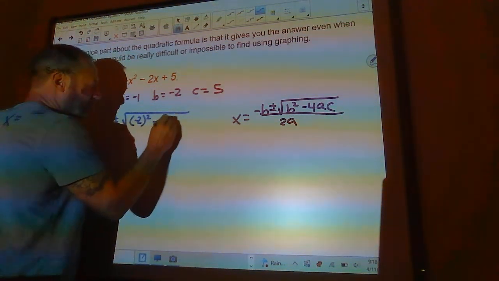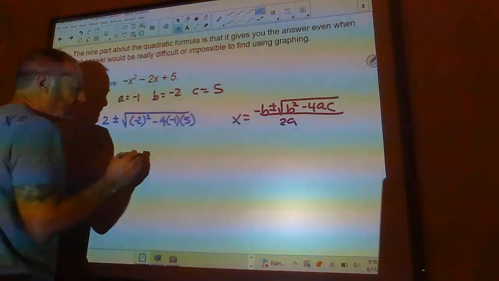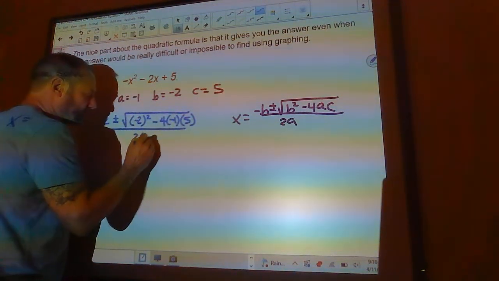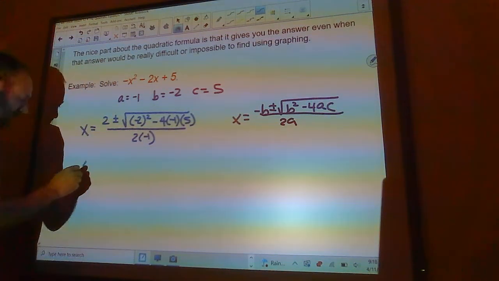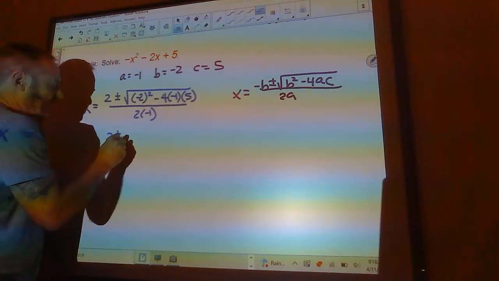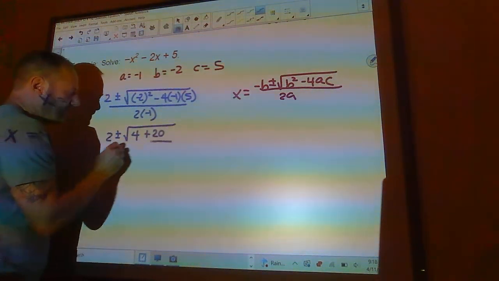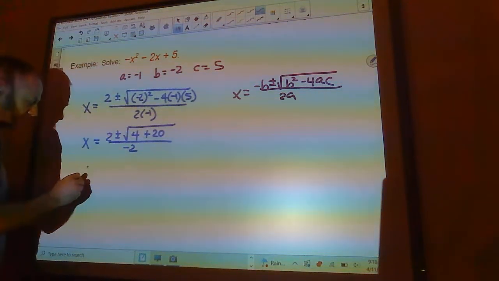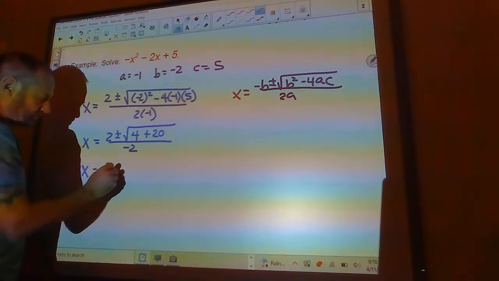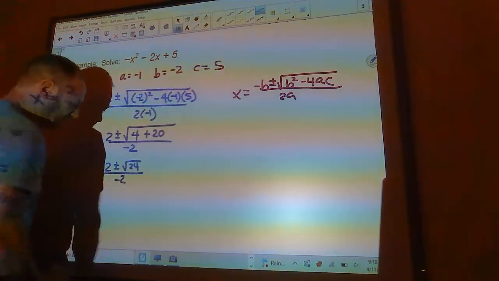Minus 4 times a times c all over 2a. So x is 2 plus or minus the square root of 4 plus 20 over negative 2. X is 2 plus or minus the square root of 24 over negative 2.